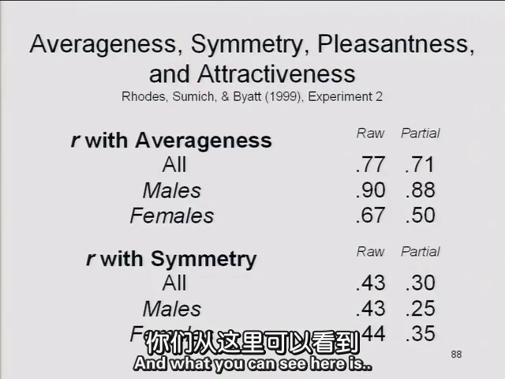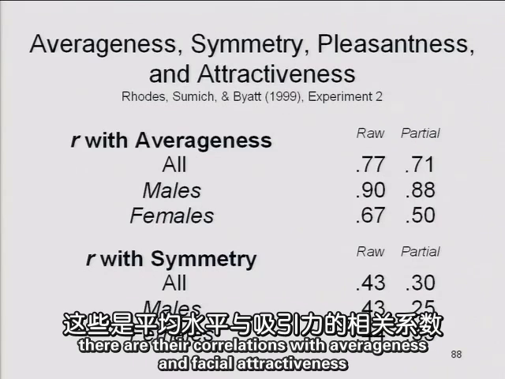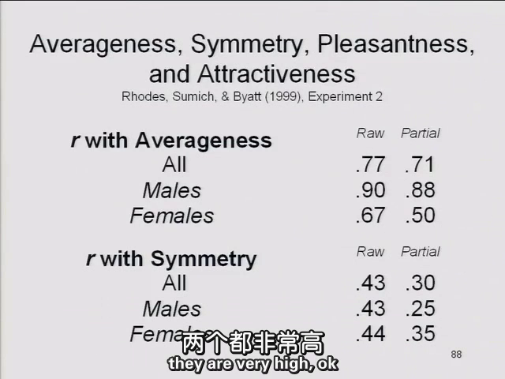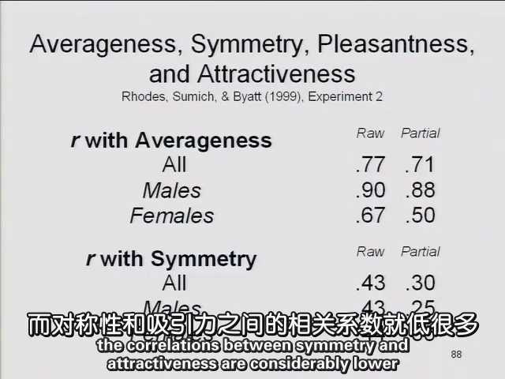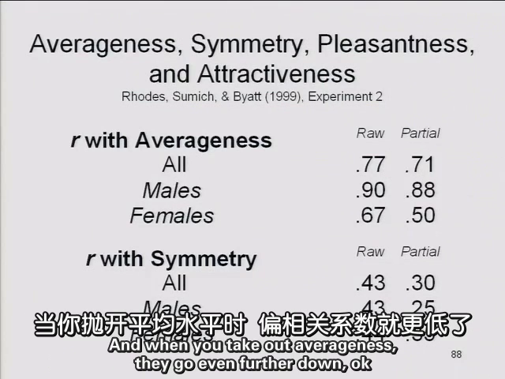And what you can see here are the correlations between averageness and facial attractiveness. They're very high, okay? But when you take out symmetry, they stay very high. The correlations between symmetry and attractiveness are considerably lower, and when you take out averageness, they go even further down, okay?